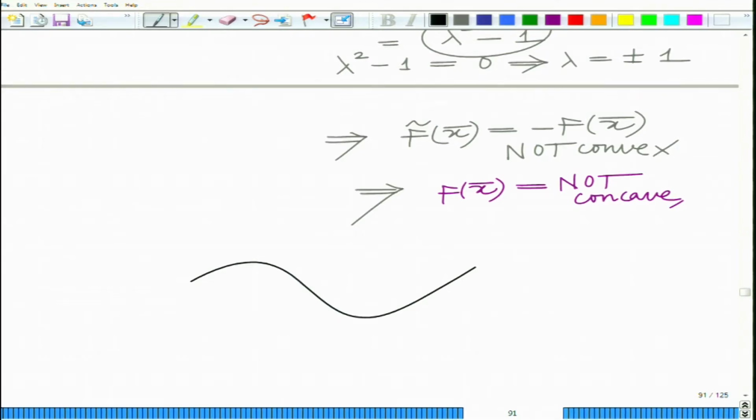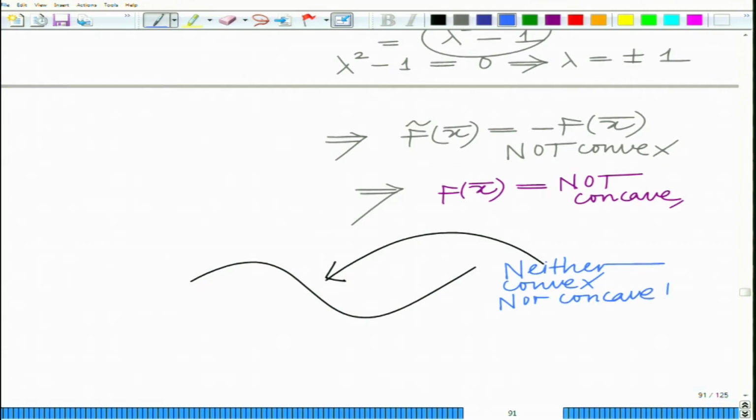These kinds of functions are neither convex nor concave. Something to keep in mind.